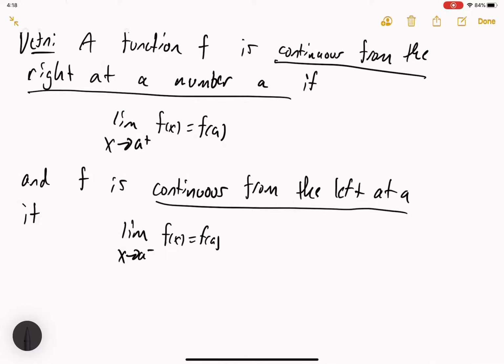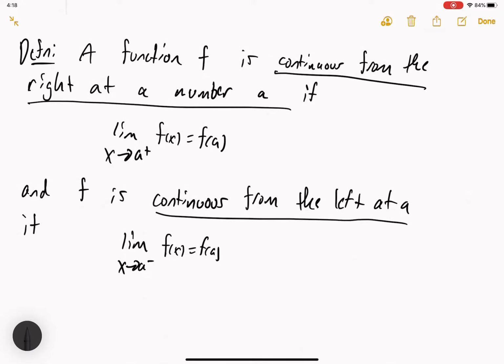So again, kind of like how we define left and right hand limits, we can also define left and right continuity. It's defined just as you expect. The most important part of continuity is that the limit as you approach something is equal to the function value at that limit.